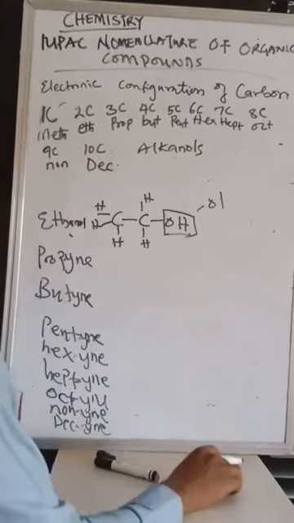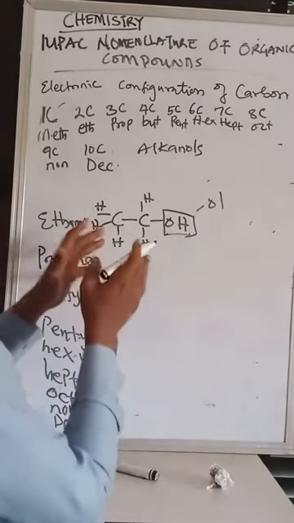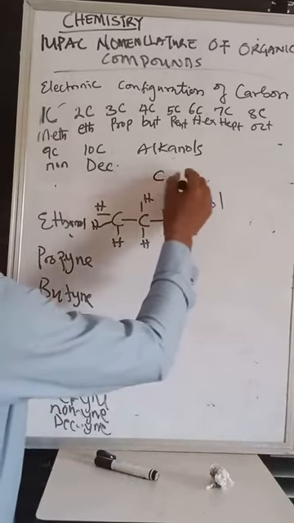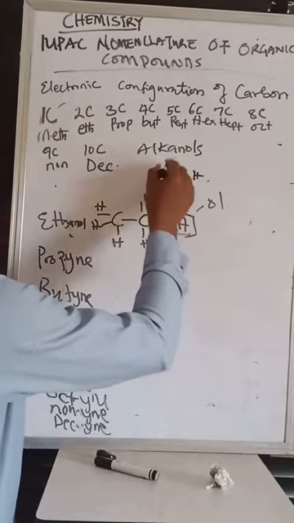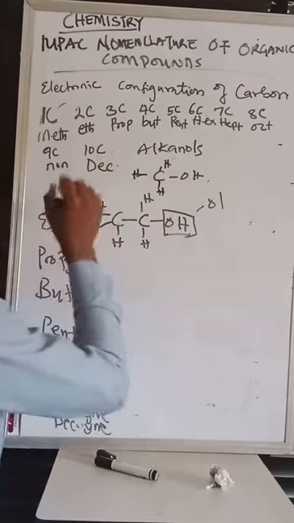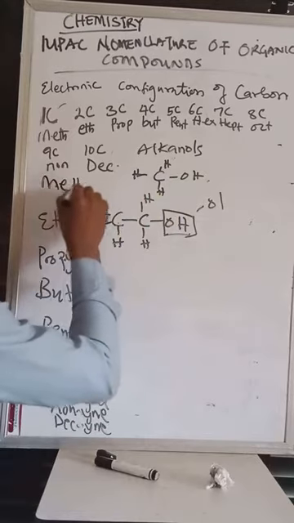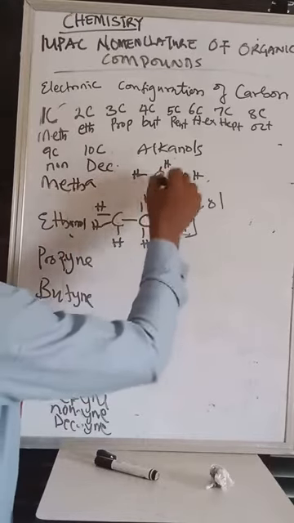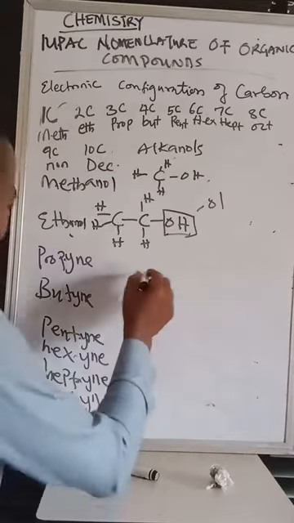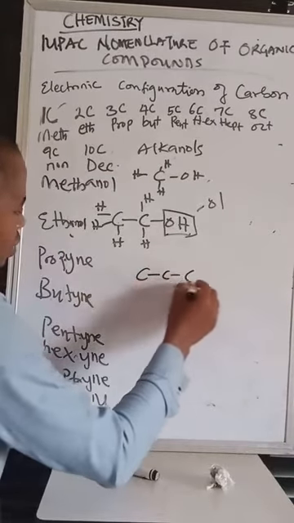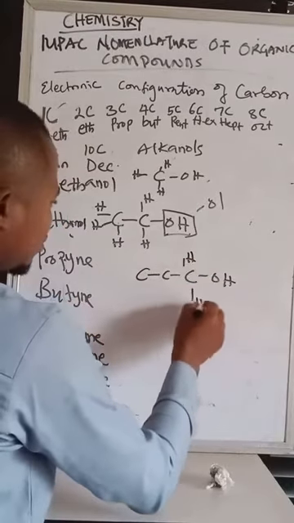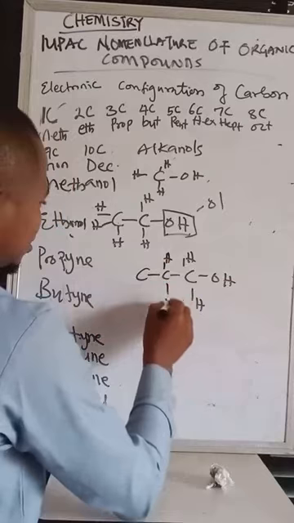Methanol. So the first member is actually like this, OH. And because it has only one carbon, it is a meth. And because it's all saturated, it's going to be methanol. Now, what of this? 1, 2, 3 with an OH. Only single bond is present.